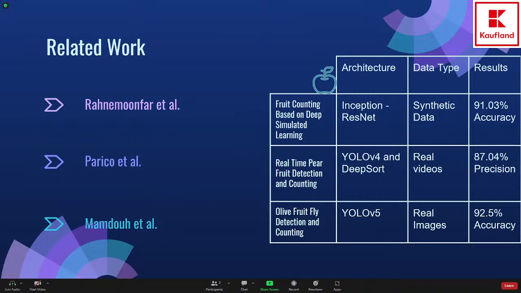Keep in mind this number of 91% accuracy, because it helped us to get our metrics for the work we did. The next ones are somehow related too, because they use YOLO V4 and V5, but use different data types for training, which are real videos or real images.